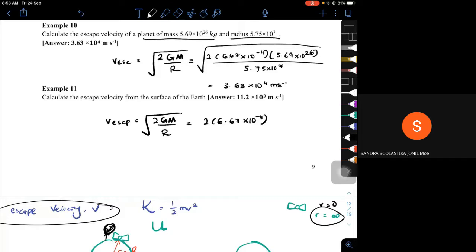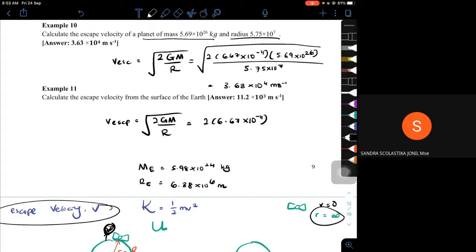Okay, so ini Miss tak bagi mass of Earth dengan radius of Earth, tapi dalam exam dia akan kasih lah. So mass of Earth kamu tulis kat bawah ni 5.98 darab 10 kuasa 24 kilogram, and then radius of Earth is 6.38 darab 10 kuasa 6 meter.